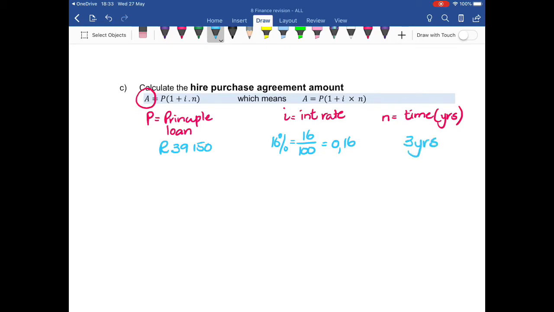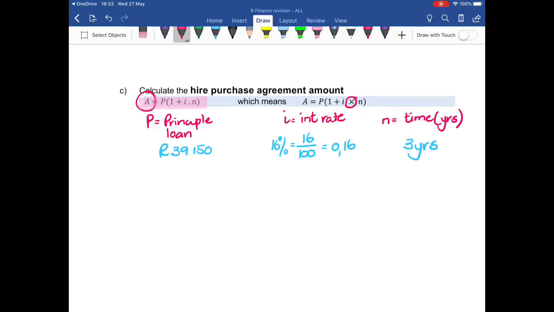Now, all I'm going to do, I'm going to substitute into that formula. Now, please remember that I dot N actually means I times N. So my A is going to be, now can you see, once I've got it written out like this, all I have to do is substitution.